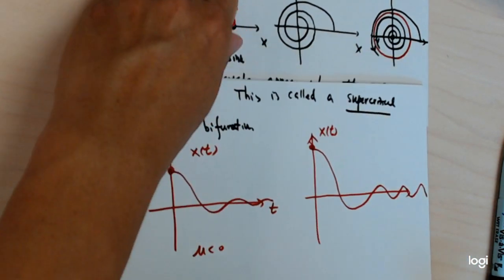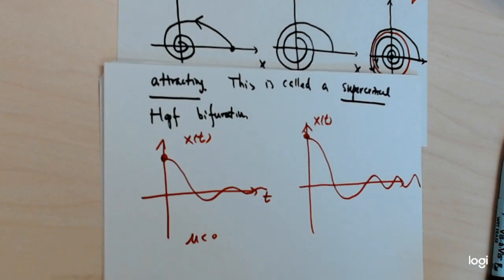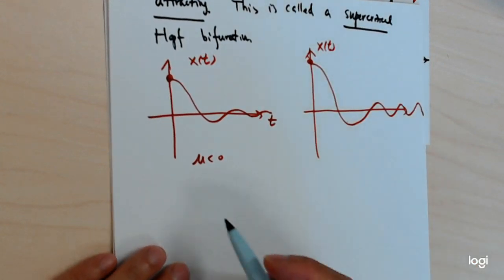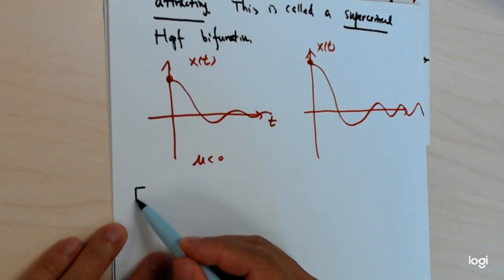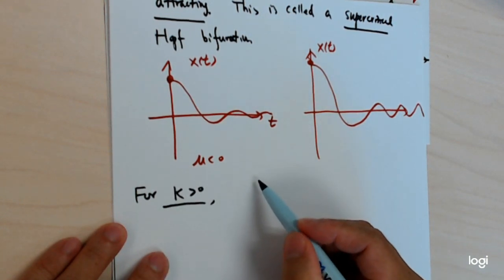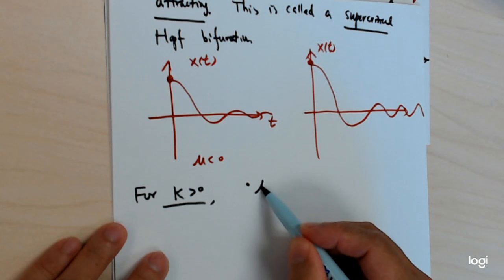So that's supercritical Hopf bifurcation, and this happens when k is negative. We can do a very similar process and figure out that when k is positive, we have different behavior.